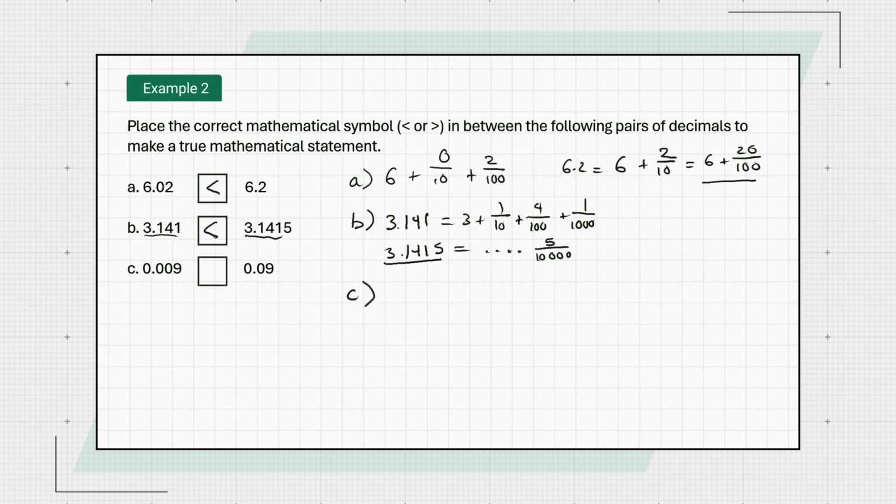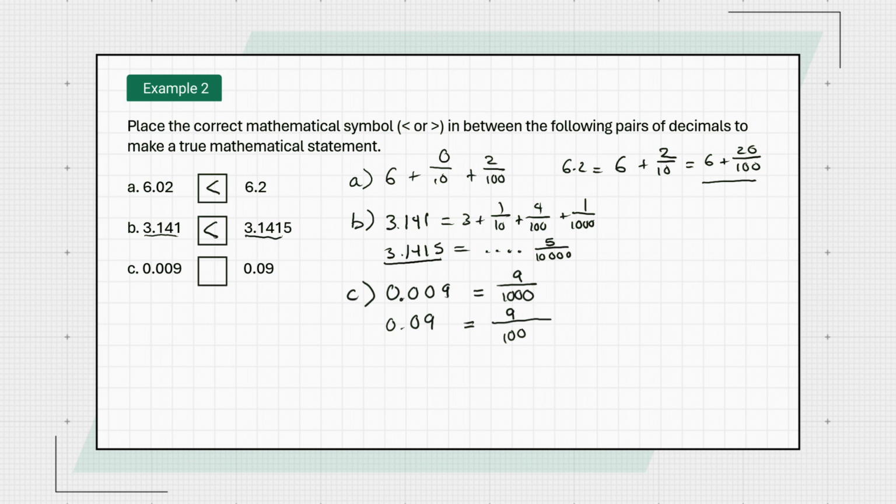If we look at C, we have 0.009. And this is the same as, well, this is tens, this is hundreds, this is thousands, so 9 out of 1,000. And then we have 0.09, which is the same as 9 out of 100.